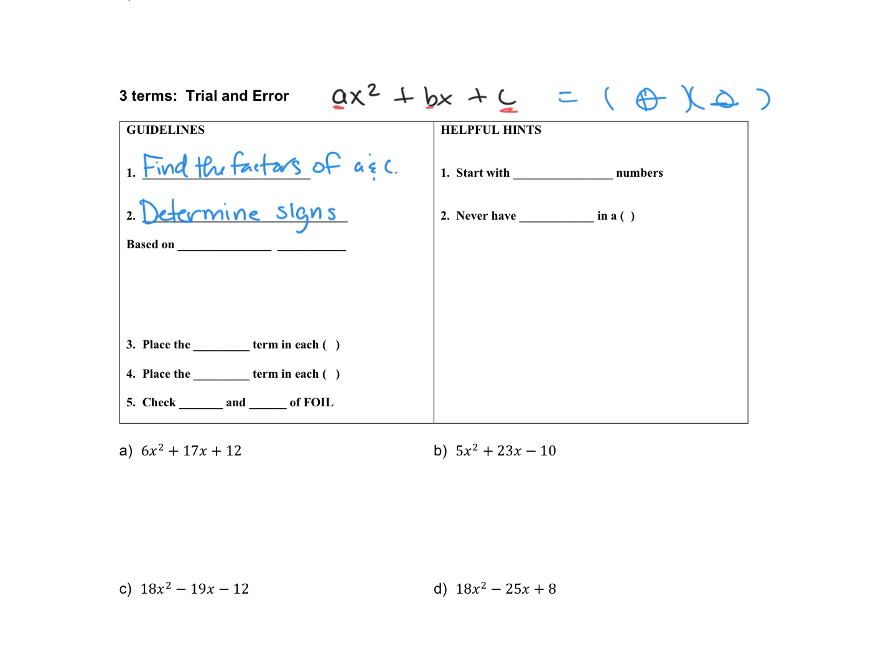Whatever it is, those signs that we find in there are always going to be based on the signs of B and C. So for example, if I have a positive B and a positive C, then both factors are positive.